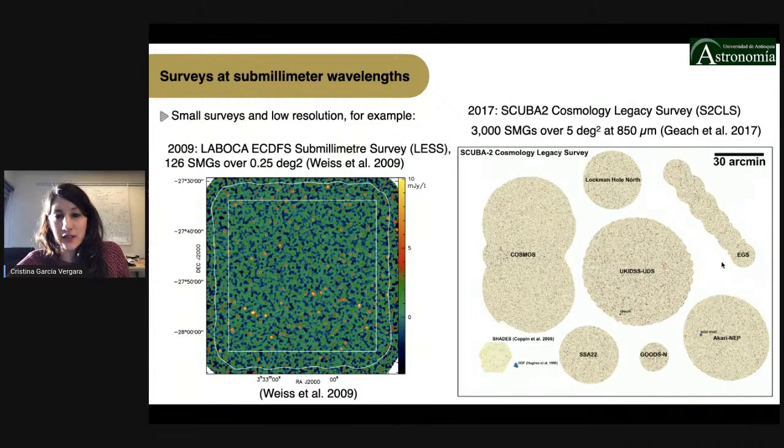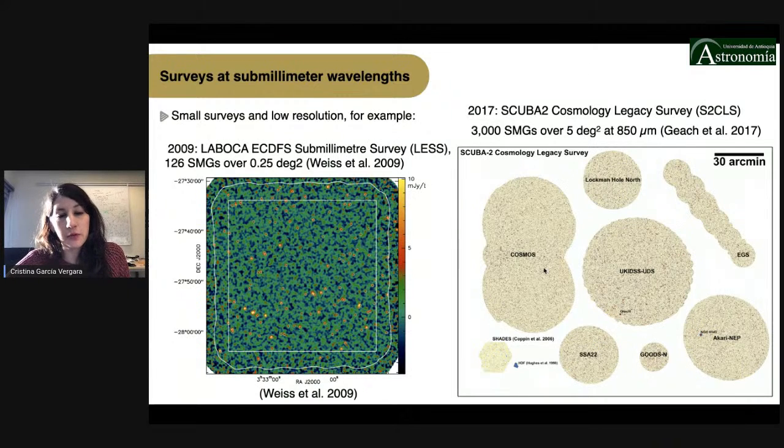The nice part of this survey is that it's covering some regions in the sky in which we have multi-wavelength information. Also, in this case, this survey is covering the SCUBA-2 deep field, which is also a very well known field, and we also have multi-wavelength information. And that is actually the only way to do this for sub-millimeter galaxies, because of the sparseness of the samples, we really need the most information possible.